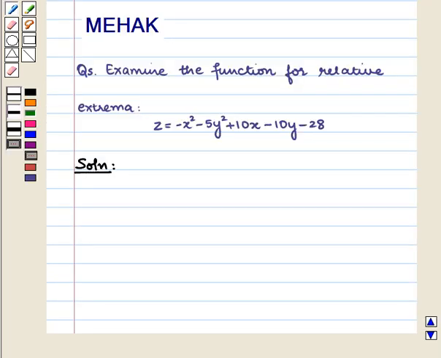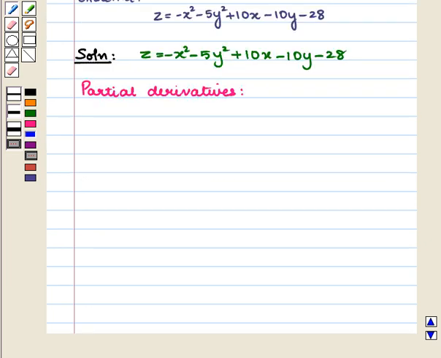We have to find the relative extrema of z equal to minus x square minus 5y square plus 10x minus 10y minus 28. Let us first find its partial derivatives.